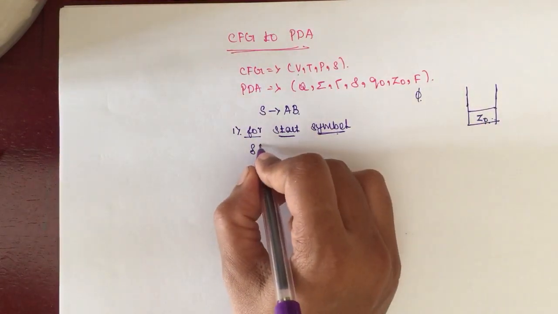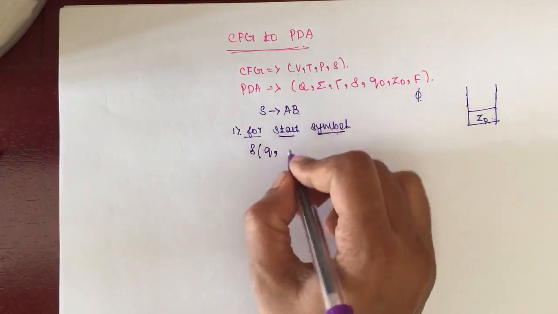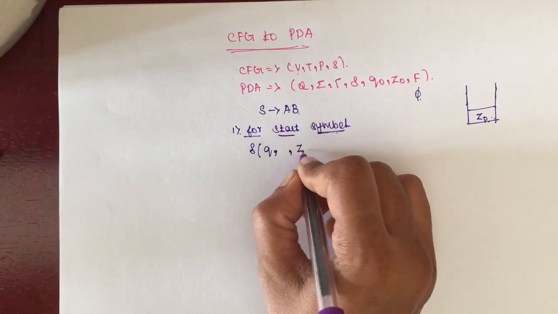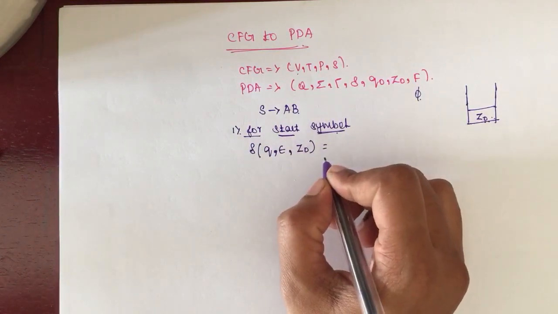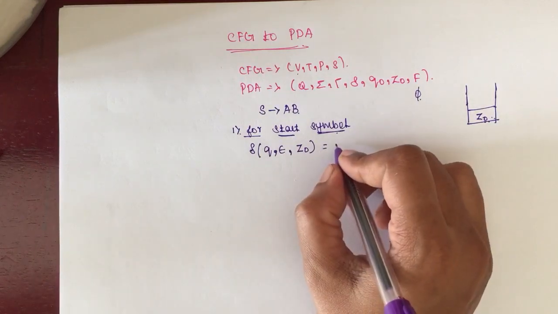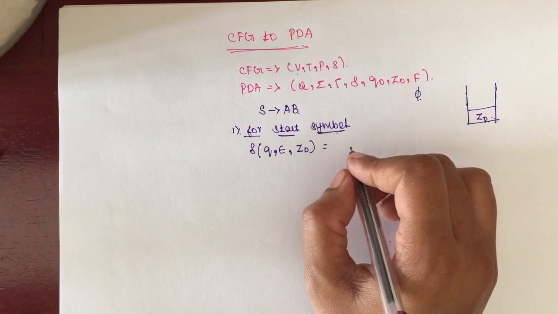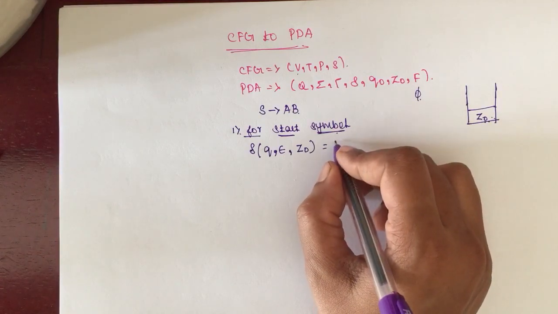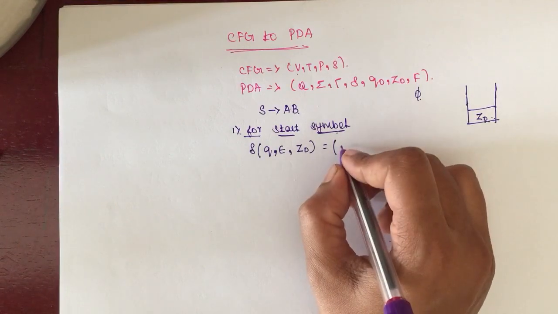So the transition is: when you are in the state Q and the stack top symbol is z0 and there is no input symbol read, it means that we are in the starting state, right? In that case, your stack has only z0 and there is no input to read. It means that it is ready to execute the process. Whatever process you want to start, you can start doing it.